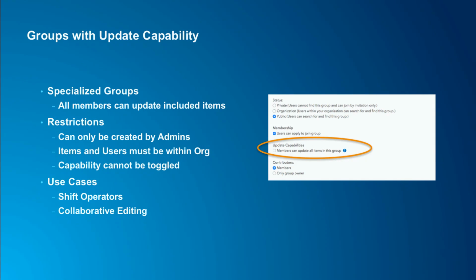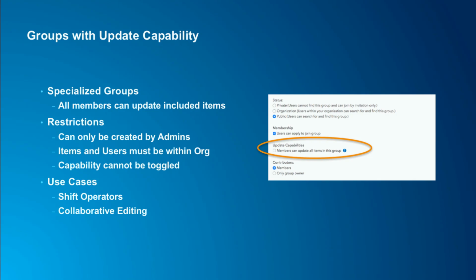There's a specialized type of group which we call groups with update capabilities, and these allow the members of the group to actually edit or update the items within them.